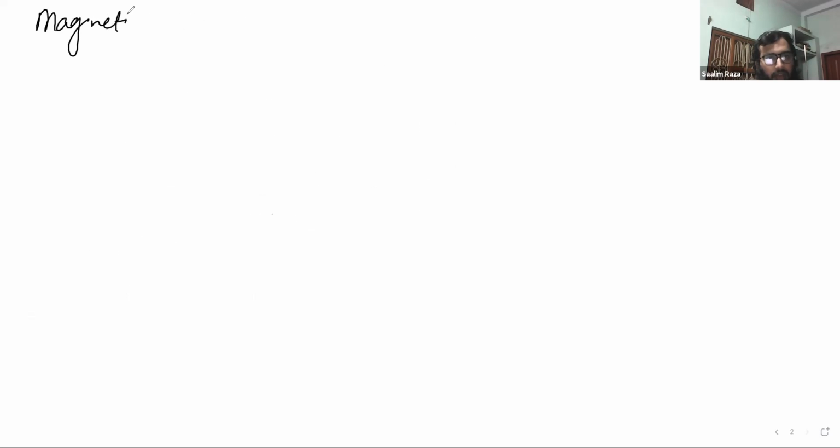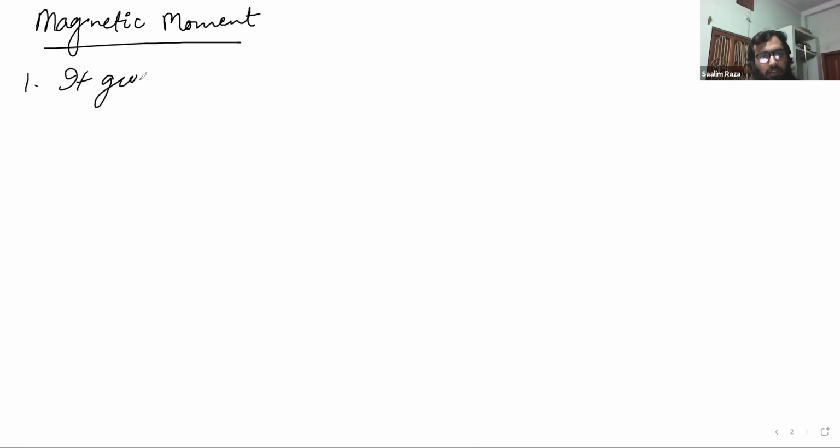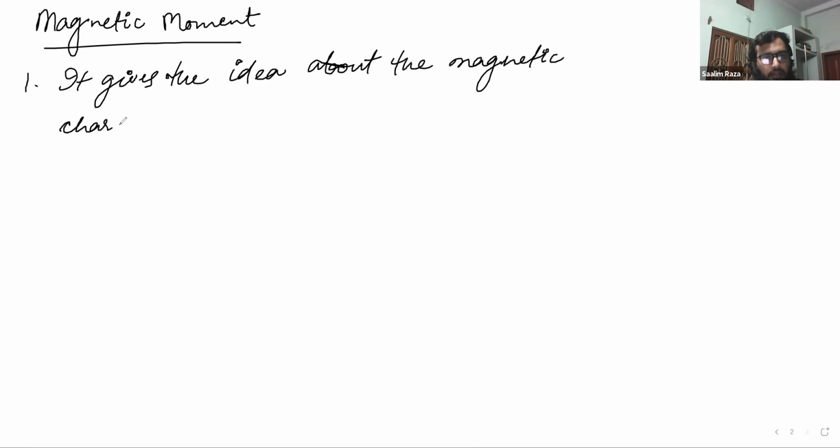Now learn something about magnetic moment. What is magnetic moment? First of all, what does it do? It gives the idea about the magnetic character of a substance. So what is the magnetic character of a substance?